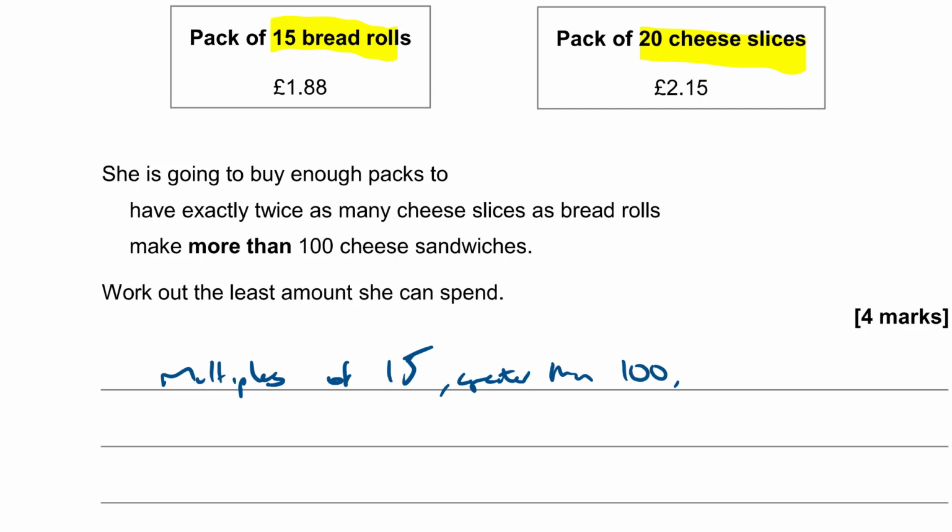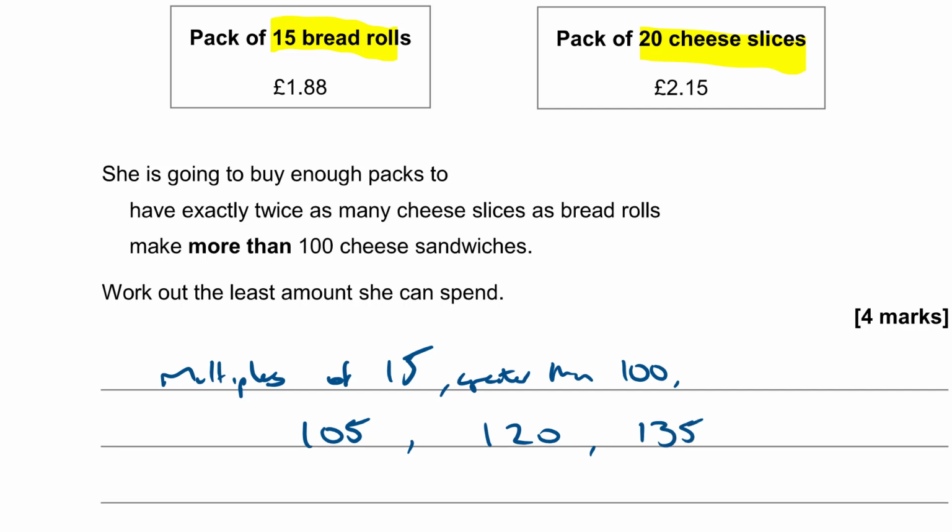We want to find one that also then works with the cheese slices. So multiples of 15: 15, 30, going to get 90, 105. 105 is going to be the first one, isn't it? That's bigger than 100. So that's going to be 105, and then the next one will be 120 and 135 then, won't it?